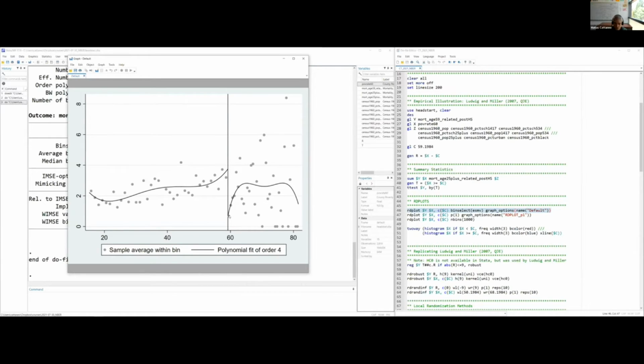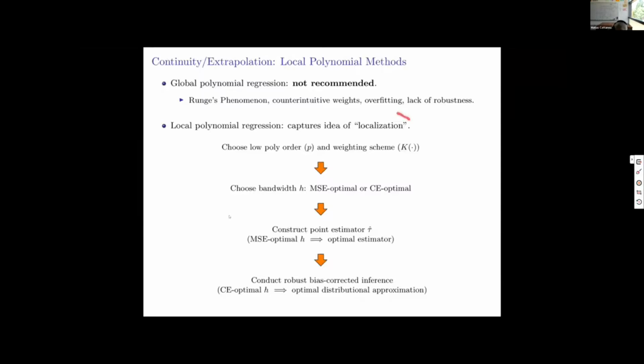And so today, what I'm going to try to talk about is basically focusing on the most common approach in the literature, because I believe it is closely related to traditional regression-based analysis in applied microeconomics, with a couple of twists that we need to take into account in order to accommodate the specificity of regression discontinuity designs. And so the way that we're going to do this is basically, we're going to propose at least to first and foremost think about localization as the core argument in the analysis.